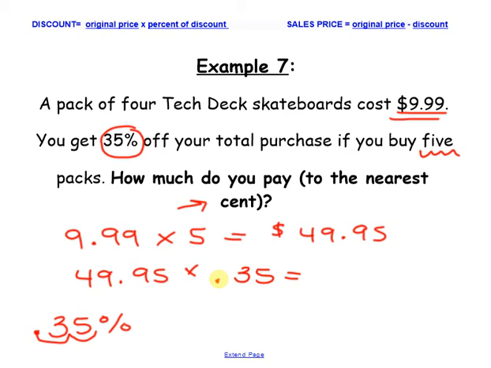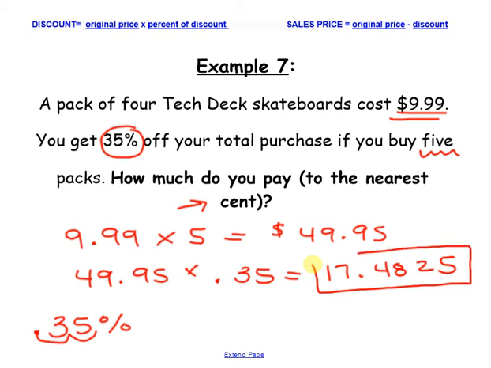Remember, you're going to get a number that needs to be rounded, but we're not going to round yet. So you should get 17.4825. And that's going to be our discount. That's how much money off we are getting.